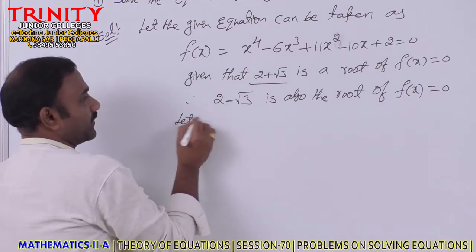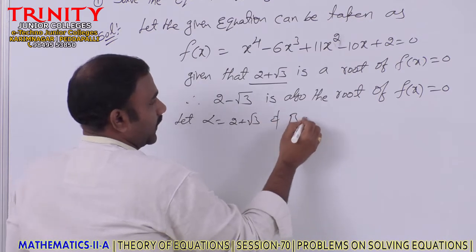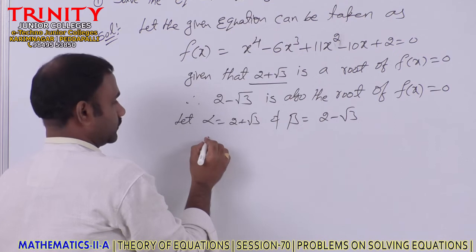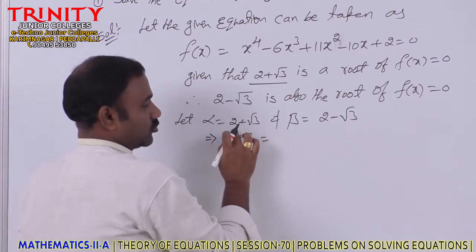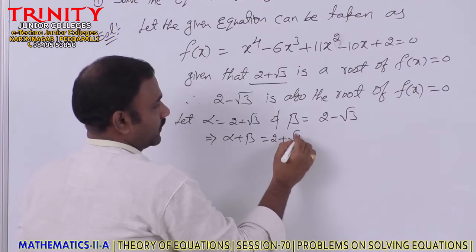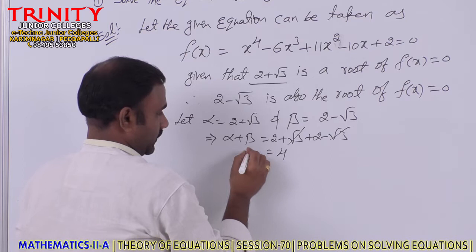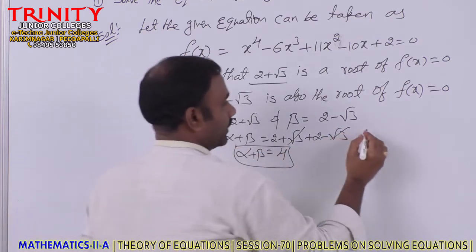Let me take alpha is equal to 2 plus root 3 and beta is equal to 2 minus root 3, right? Sum of the roots, alpha plus beta, is equal to 2 plus root 3 plus 2 minus root 3. Alpha plus beta is equal to 4.